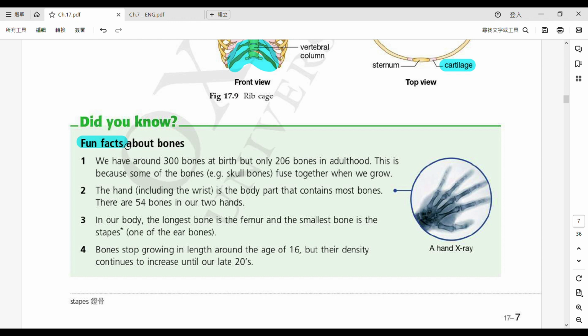So, I'll spend 2 to 3 more minutes talking about this. 好啦，as you can see, the first fun fact 就係講緊 at birth，喺我哋出世嗰陣時啦 there are actually more bones than when we become adults. 當我哋 become adult 嗰陣時，係 less bone 嘅, because just like the skull, our bones will fuse together.